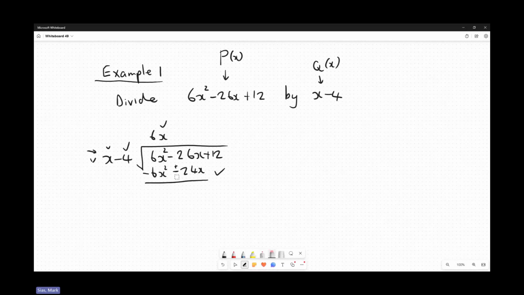So -24x becomes plus 24x, and 6x squared at the bottom becomes minus 6x squared. So this becomes 0, and this becomes minus 2x.